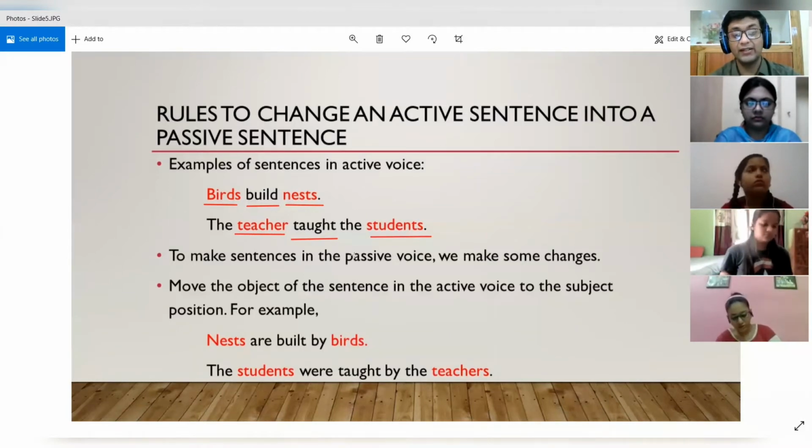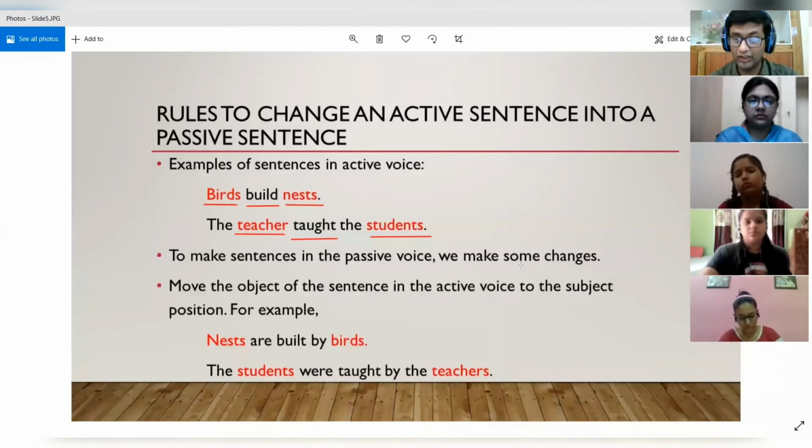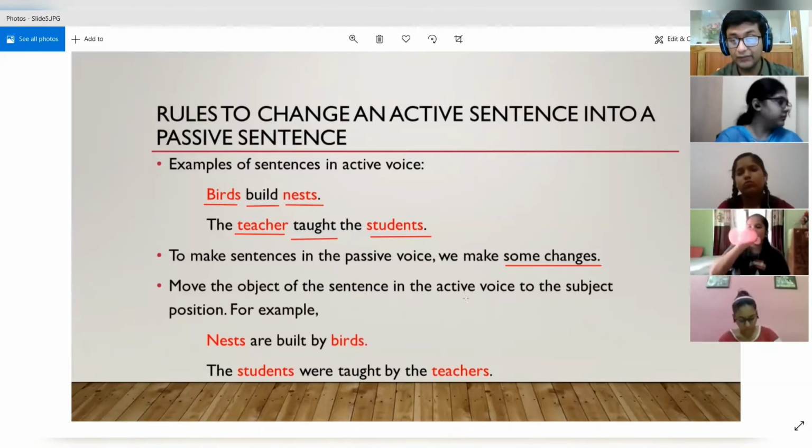Now to make sentences in the passive voice, to change the voice, we make some changes. So now we are going to see what are the changes that are required to convert an active voice sentence into a passive voice. All right. Move the object of the sentence in the active voice to the subject position.